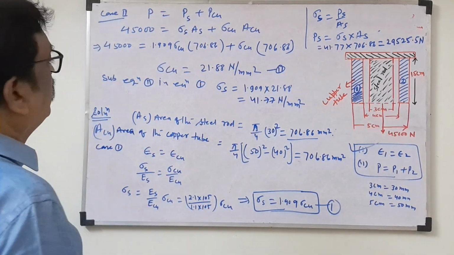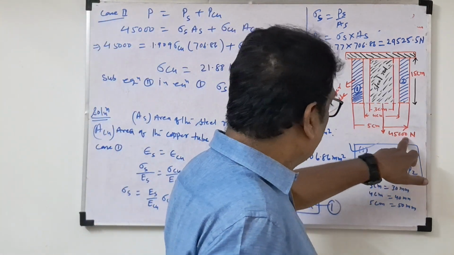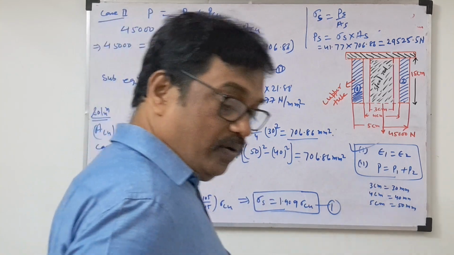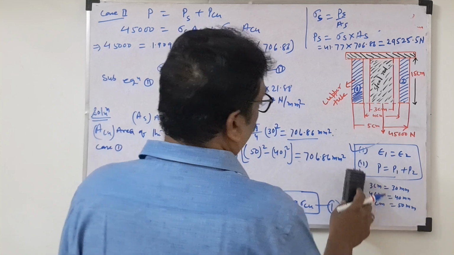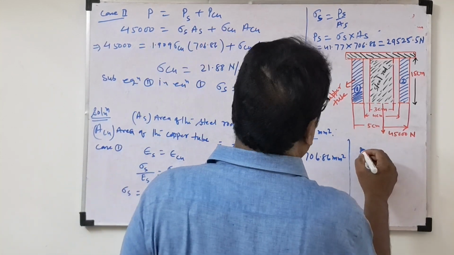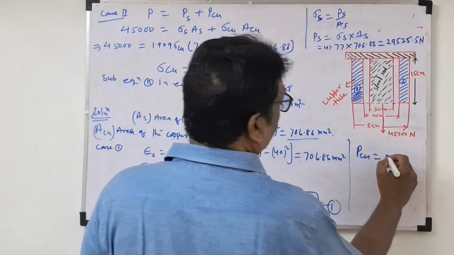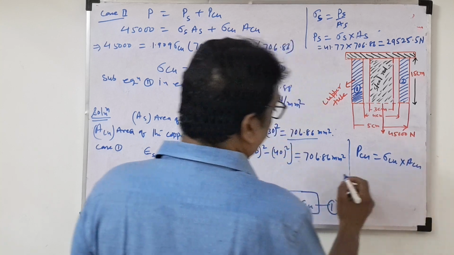Now similarly we will get the load of the copper rod. If you do 45000 minus this, you will get the answer for the copper rod. Okay, here I'll write the final answer. Suppose they are asking the load of the copper. Either you calculate stress into A copper, or the total we know, 45000, minus 29525.5.